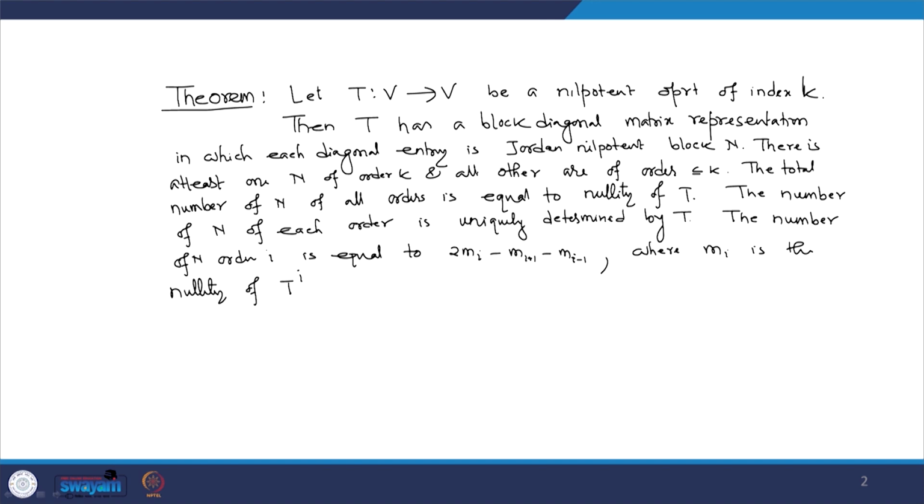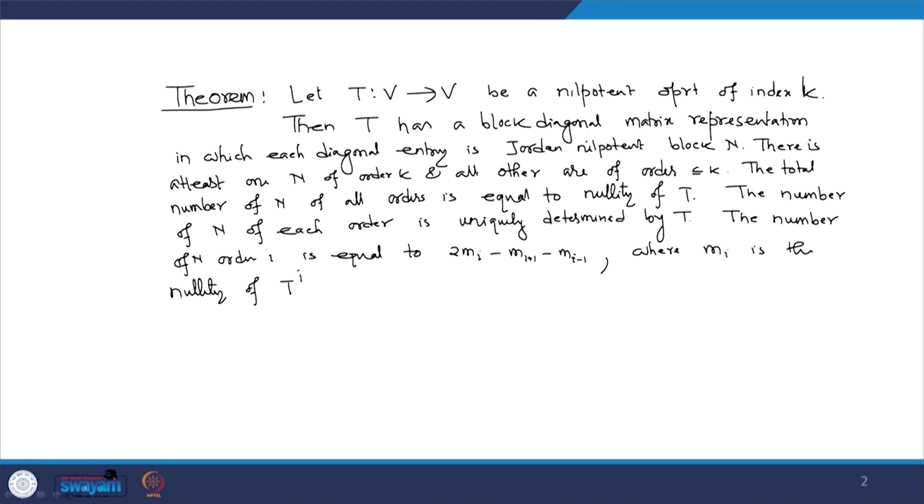The total number of Jordan nilpotent blocks will be exactly equal to the nullity of the operator T. Specifically, the total number of Jordan nilpotent blocks of a specific order, say order i, is uniquely determined by the relation that the number equals 2 m_i minus m_{i+1} minus m_{i-1}, where m_i is the nullity of the operator T to the power i.